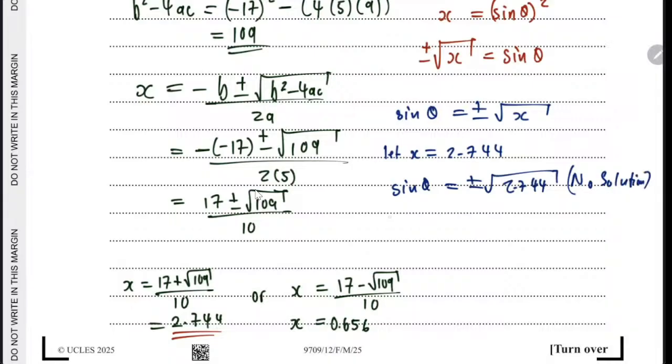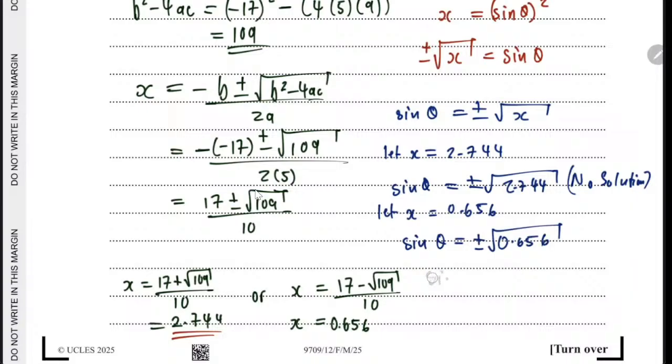Now you can say let x be 0.656, which means sine theta is plus or minus the square root of 0.656, which means, what is it?